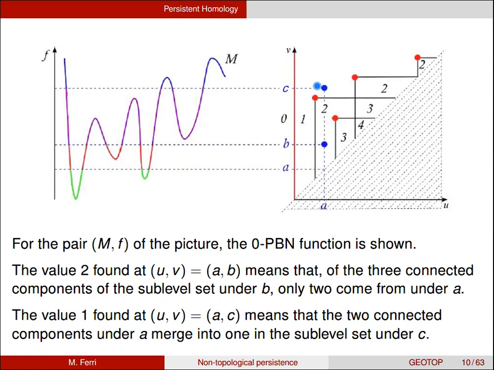What does it mean? If I take the sub-level set under level C, I get 2 components, but only one of the 2 components comes from components which were already present under A. And so I have 1. And so this is the region of 1. Region of 2, I can see that here I'll have 3, and so on.